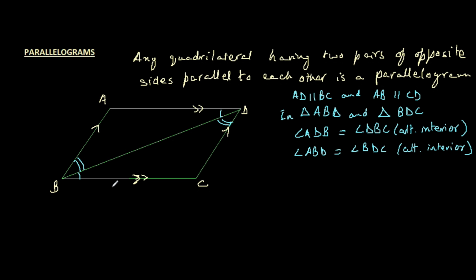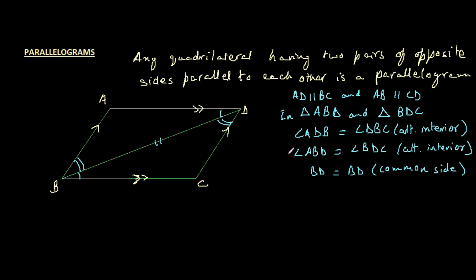And what we have is that side BD is a common side in both of them. So this is a side which is equal in both the triangles. So we say that BD is equal to BD, being the common side. Now, to prove the congruence of triangles, all we need is three conditions, and we have got those three conditions.